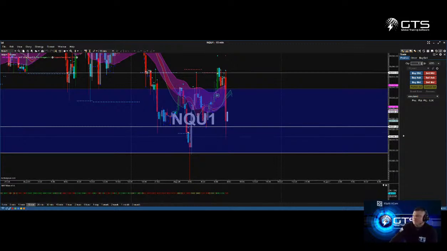But see, then again, we're inside of this support area right here, so you want to be careful taking any kind of trades in here because it's not really 100% on the downward side or the upward side. So just be cognizant of that real quick.